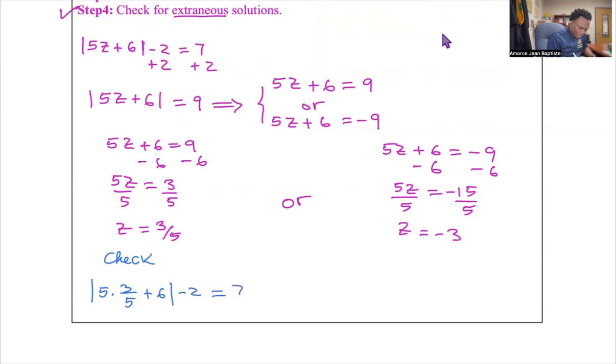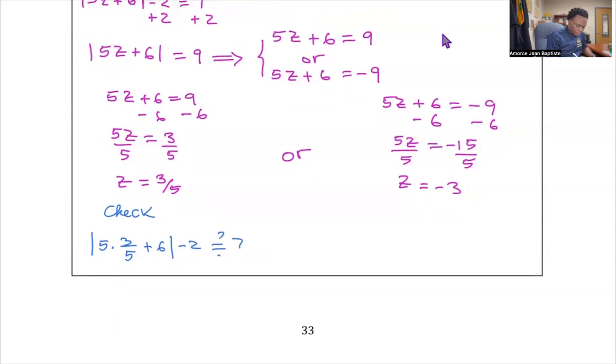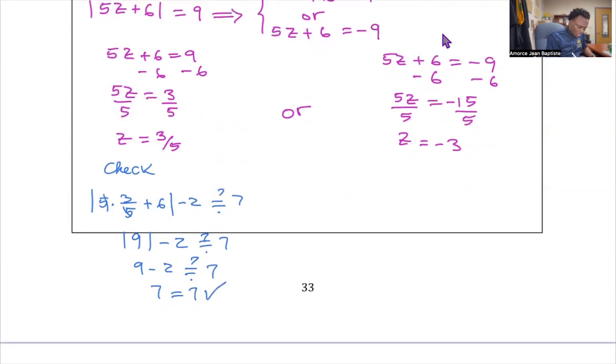Is it 7? We don't know yet. 5 cancels, so that's the absolute value of 3 plus 6, the absolute value of 9, minus 2. Is it 7? 9 minus 2. Yes, 7 equals 7. So z equals 3/5 is accepted.